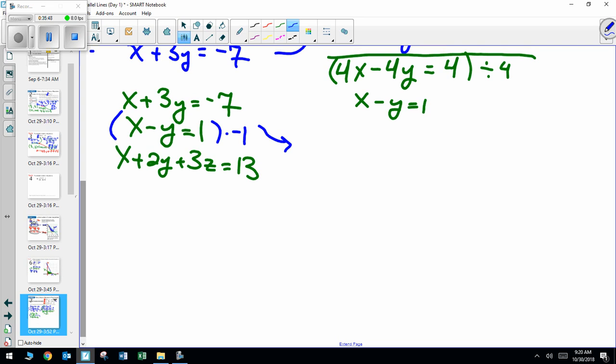So this is going to be x plus 3y equals -7 plus negative x plus y equals -1.